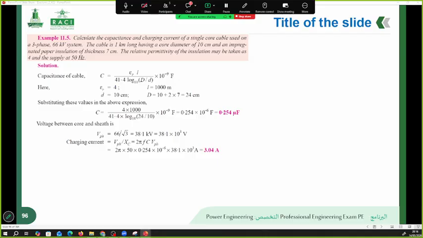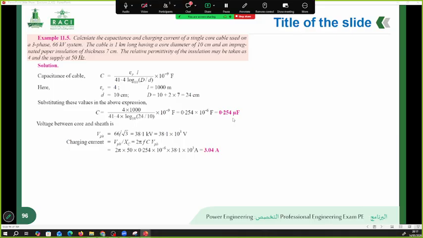The capacitance is determined based on the geometric dimensions of the cable and the electric property of the insulation. The governing relation used in this calculation again is this equation. By substituting the given values, the capacitance of the cable is obtained as 0.254 microfarad.